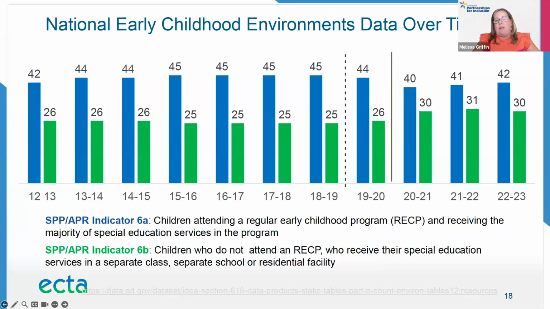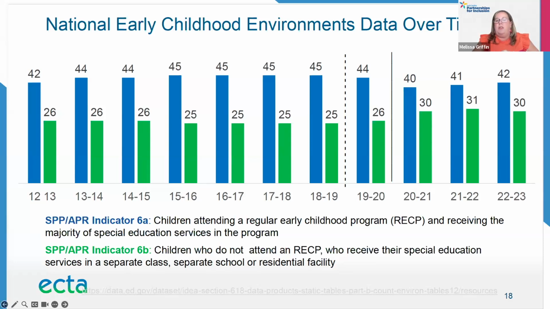But if you look at this graph from ECTA, you can see that in the 2022-2023 school year, 42% of children were attending a regular early childhood program and receiving the majority of their special education services in that regular early childhood program. And 30% were children who did not attend a regular early childhood program, who received their special education services in a separate class, separate school, or a residential facility.